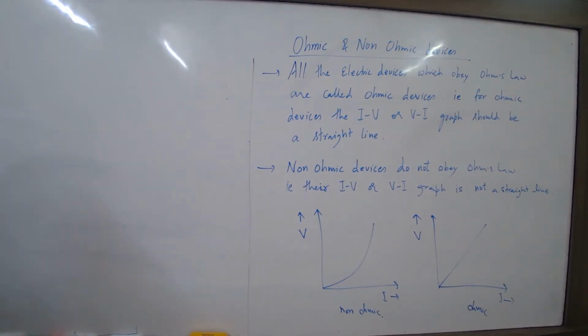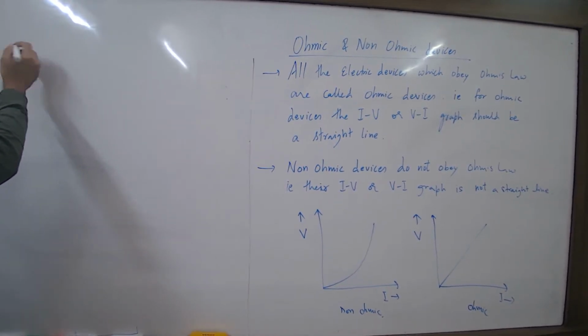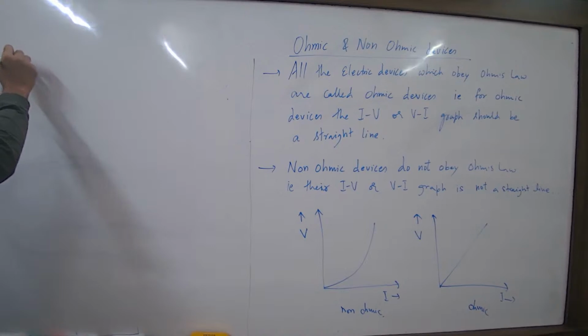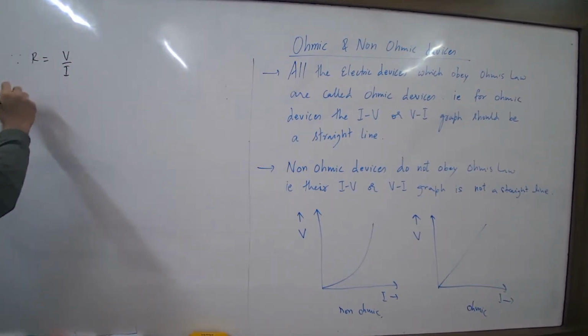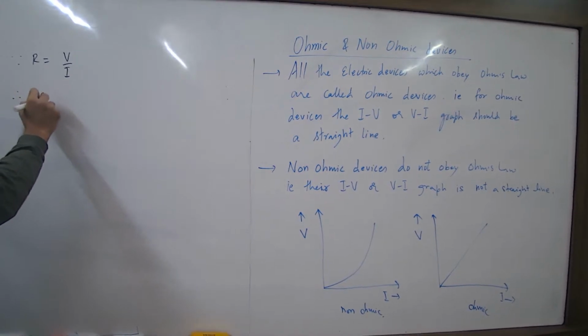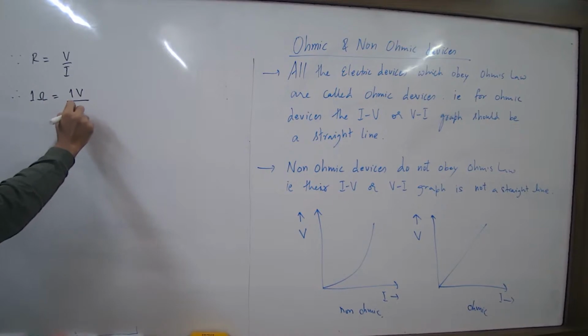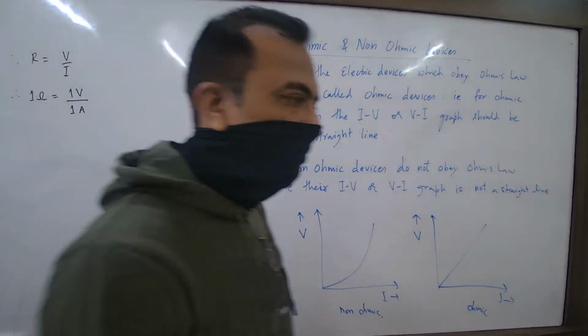So now that you know this, what is 1 ohm then? What is 1 ohm resistance? Since R is equal to V by I, so how do we define 1 ohm?